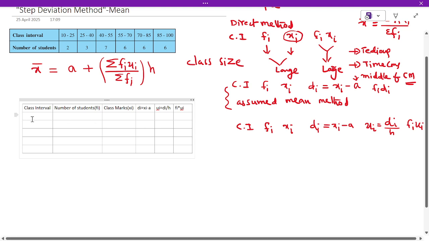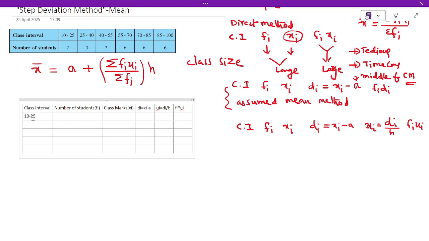Now the class intervals: 10 to 25 is the first class interval, the second one is 25 to 40, then 40 to 55, 55 to 70, and 70 to 85.